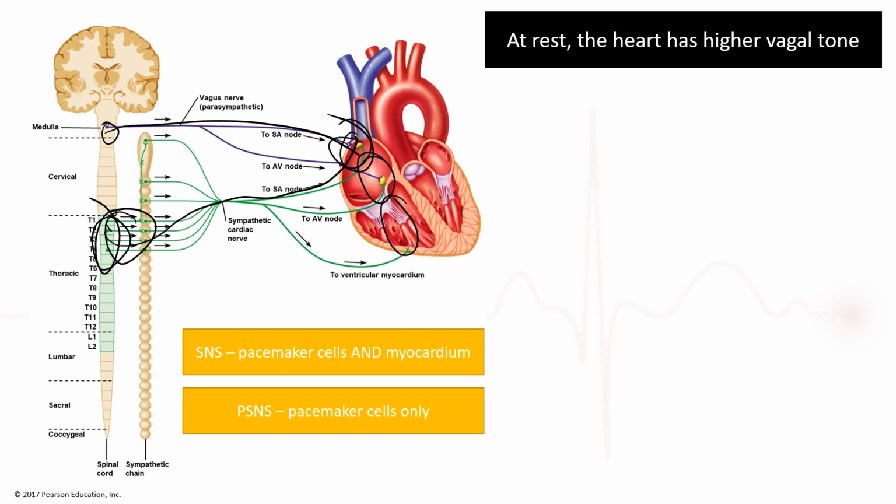And our objective now is to try to figure out what these two different autonomic motor neurons, meaning sympathetic and parasympathetic, would do to the heart. You'll notice that both the sympathetic autonomic motor neurons and the parasympathetic autonomic motor neurons synapse with the sinoatrial node.